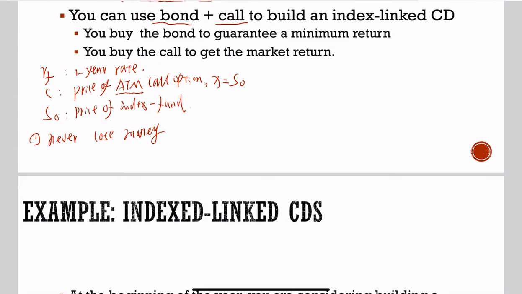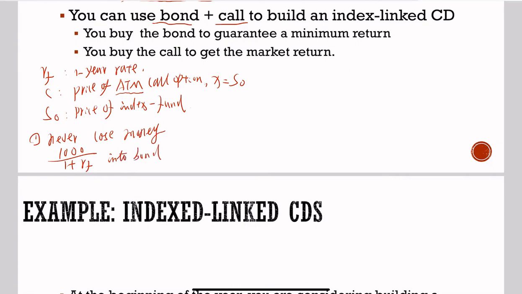Well, let's assume you have $1,000. If you have $1,000, then you will allocate this fraction, 1,000 divided by 1 plus RF, into bond.